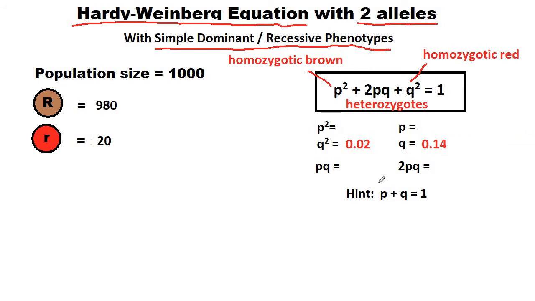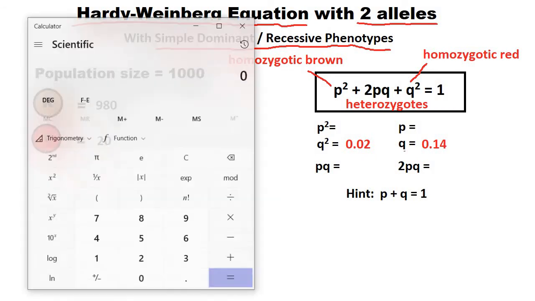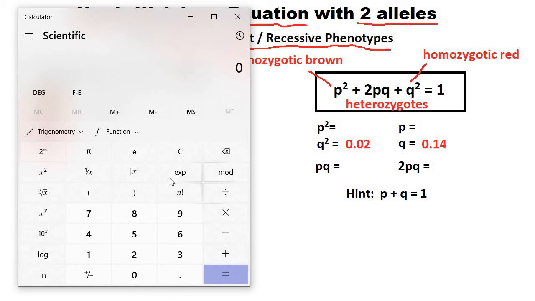And here, your job can be made a little easier if you remember that p plus q must always equal 1. So what we're going to do is take 0.14 and subtract that from 1. And that should be 0.86, but just to make sure, we're going to do it in the calculator.